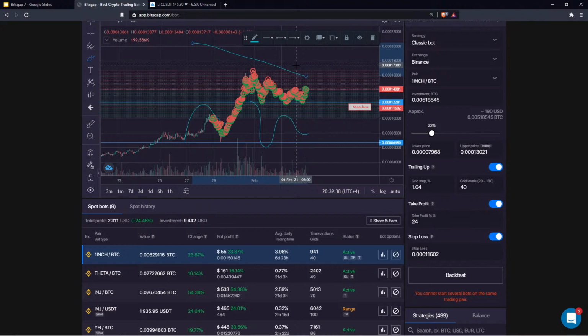This would ensure that the bot stays in the market and continues trading on your behalf. So this is what you can use to maximize your returns.